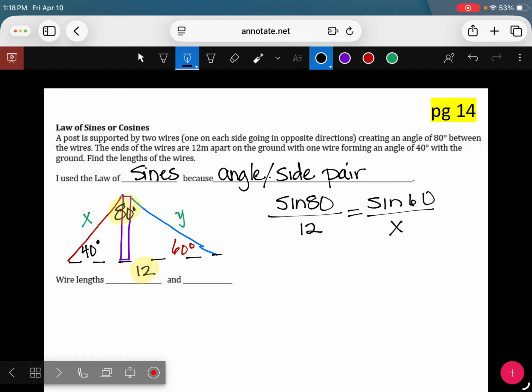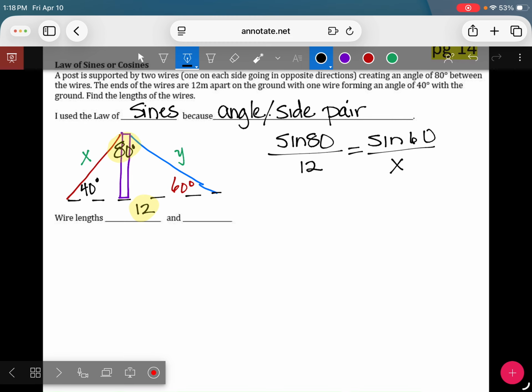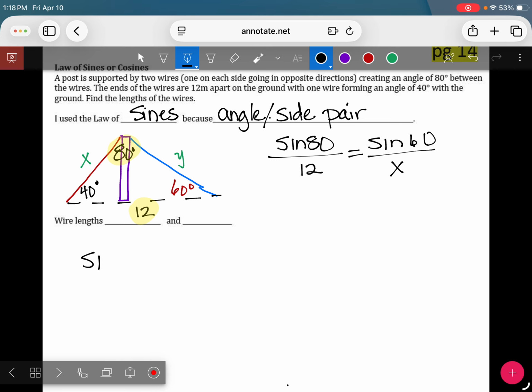That's going to be your first proportion. Go ahead and cross multiply and solve it. And then you're going to do a second proportion. Well, you'll have the sine of 40 over y.